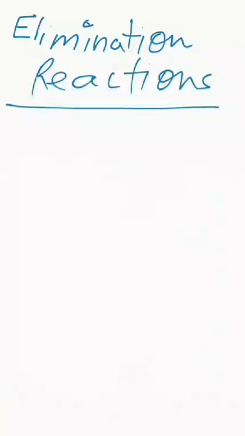This is called elimination reaction. Elimination reaction is just the reverse of addition reaction. So what happens in elimination reaction? Generally we receive an unsaturated compound from a saturated compound.